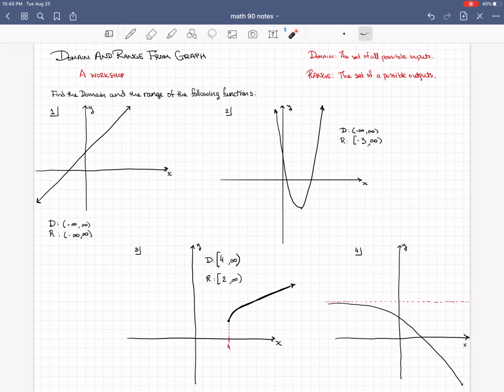So the domain, again, we're going to trace along the x-axis and there doesn't seem to be a problem. No matter what value I take along the x-axis, there is a point on the graph with that x-coordinate. Sometimes it's below the x-axis, sometimes it's above the x-axis.